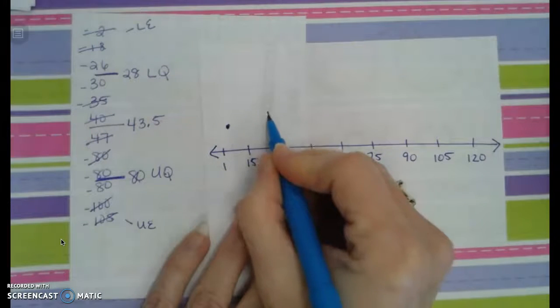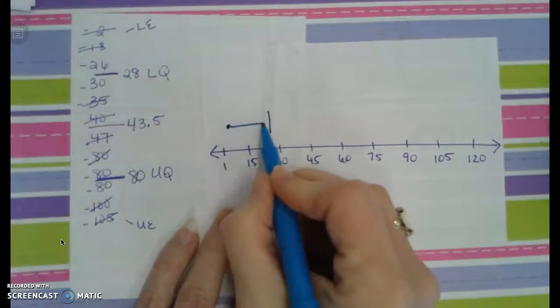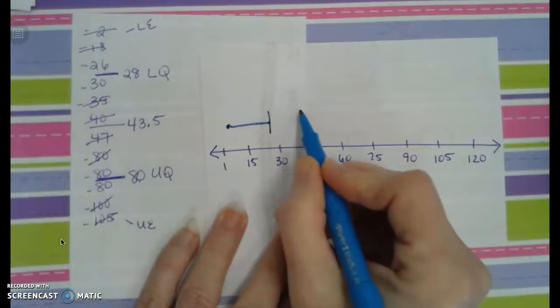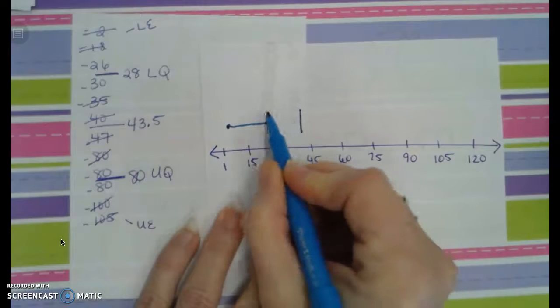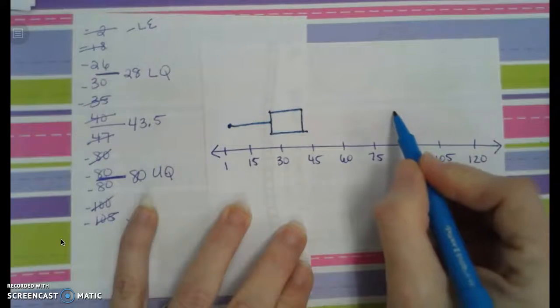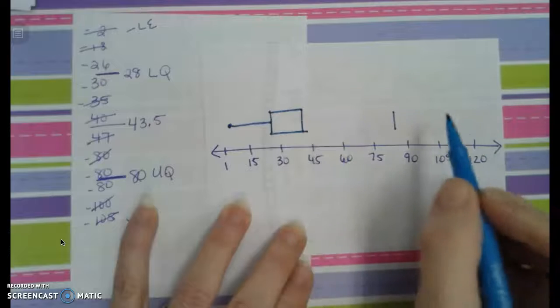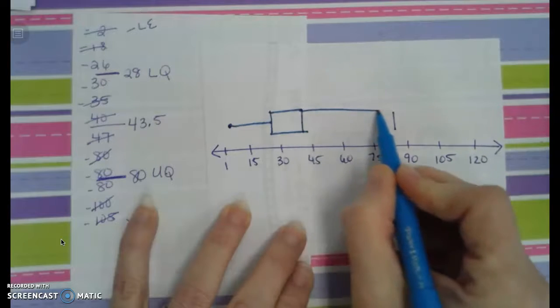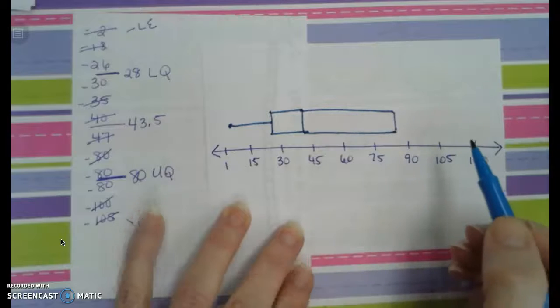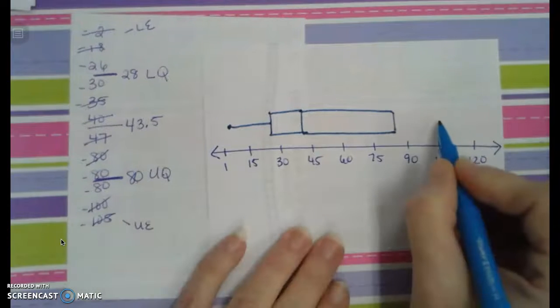So that's going to be close to the 30. Then I'm going to go to 43.5. So that's going to be close to 45. And then I'm going to go to 80. So that's just before the 90. And then I have a dot on 105.